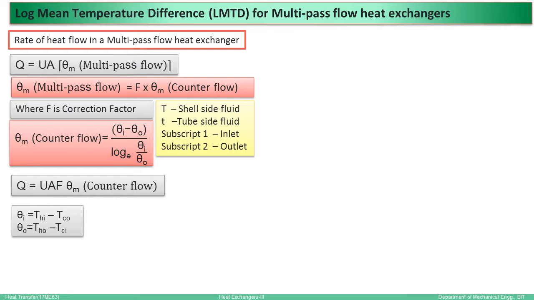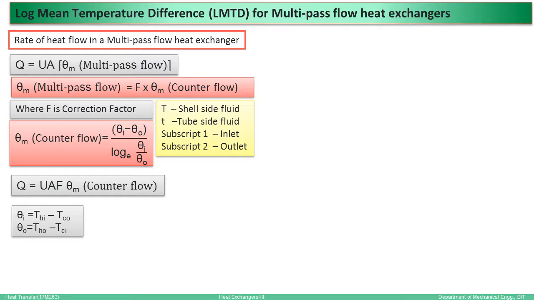And even in air preheaters used in power plants, which are devices that recover energy from the flue gases going out, the air which is to be preheated flows inside the tubes, and the external flow is of the flue gases.